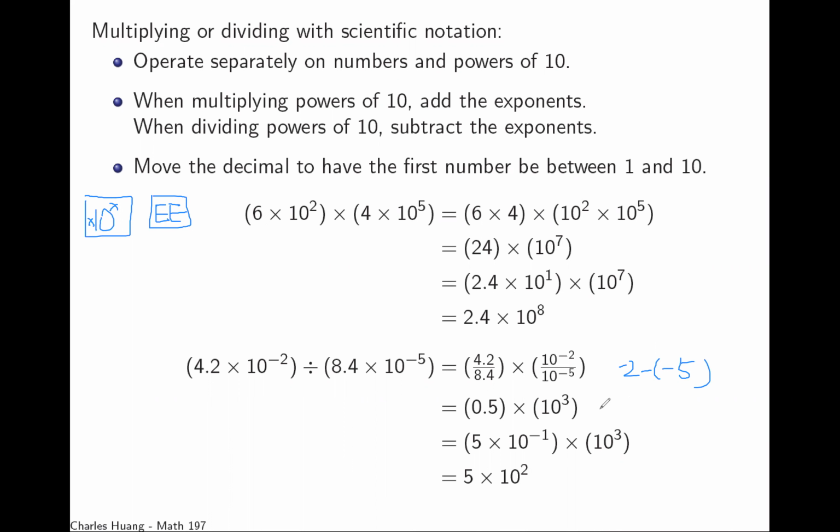And that will give me 10 to the power of positive 3. And you notice when I divide over here, I get 0.5. The easiest thing to do is write it in scientific notation. And now we're multiplying the exponents, so we can add up the numbers to get a power of 2.